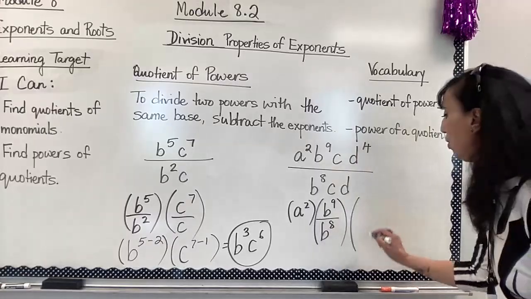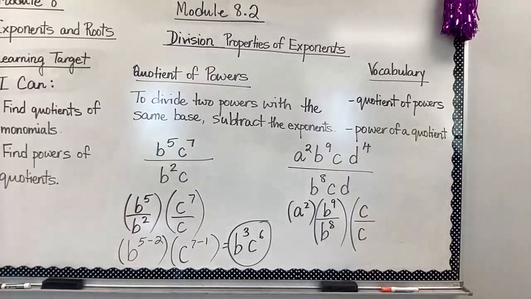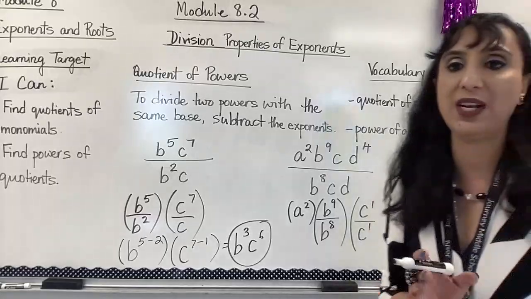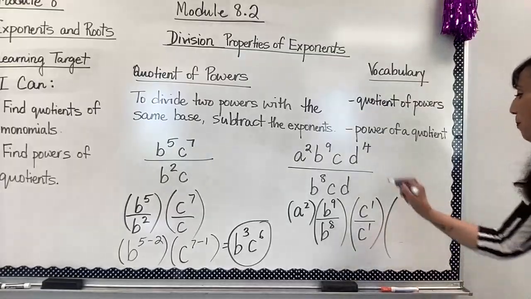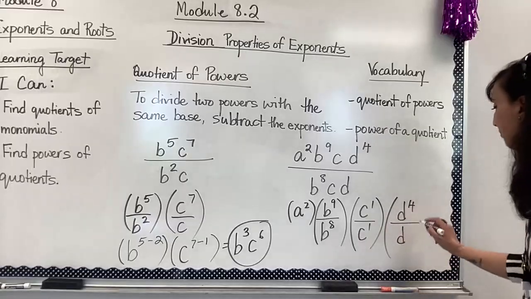I'm going to group my c over c, which basically means c to the first power. So this is nothing but c to the first power if it's just written as c. Okay, and then I'm going to group my d to the 4th power over d.